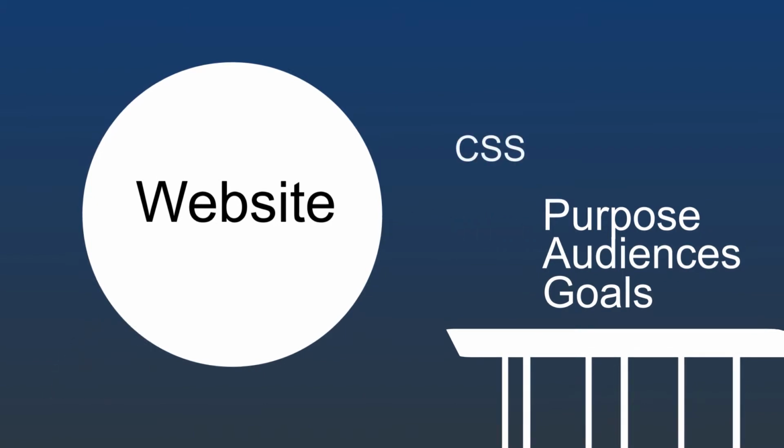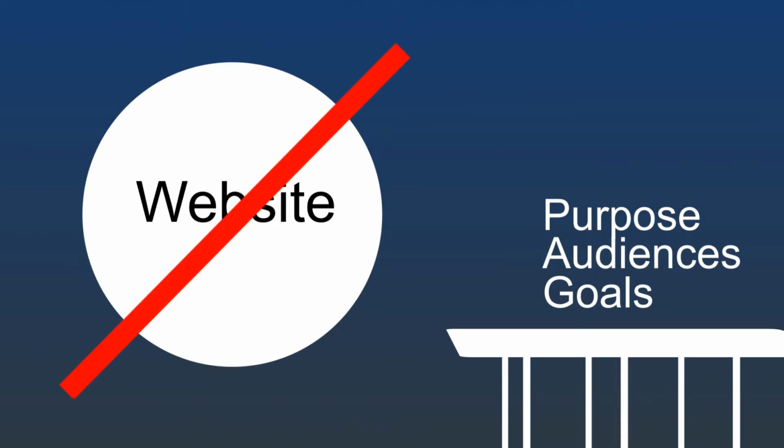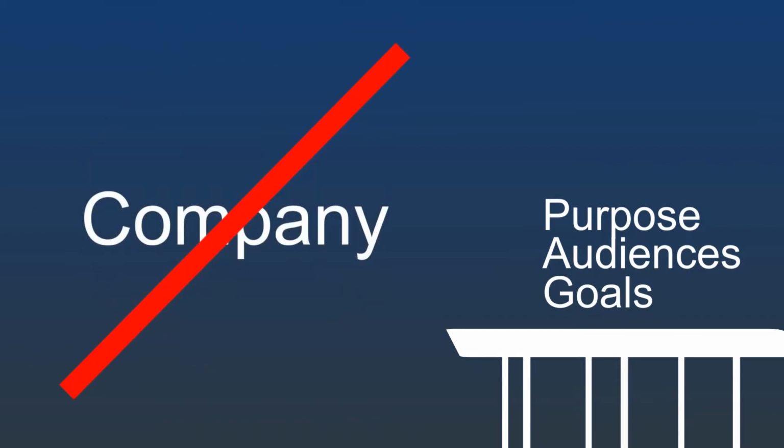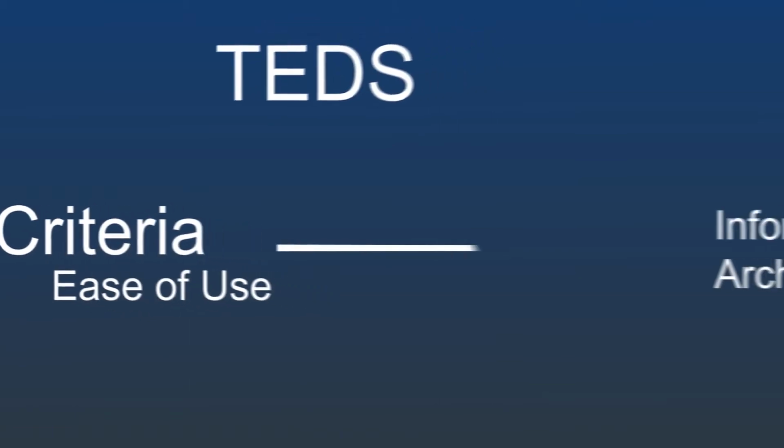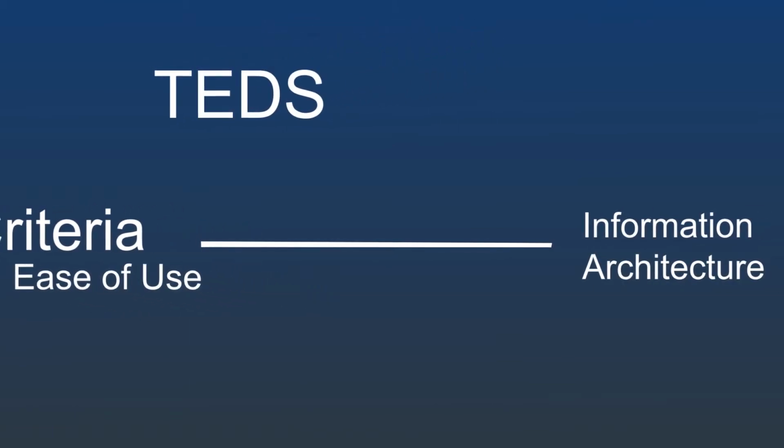In today's world, a lack of a functioning and efficient online interaction between clients and companies could mean the end of a company. If we think about this in reference to the TED's value-added model, it's simple. The criteria of ease of use is practically guaranteed if you have solid information architecture.